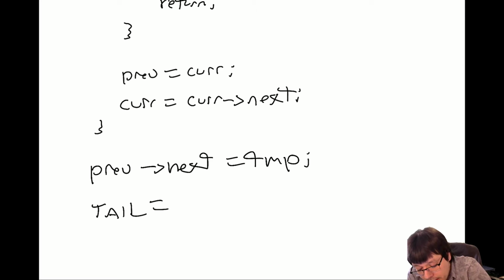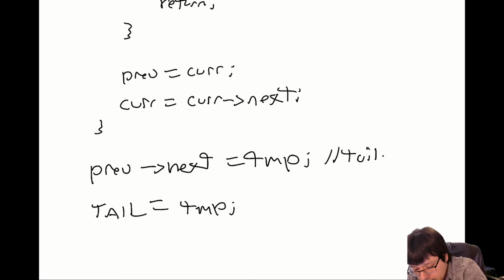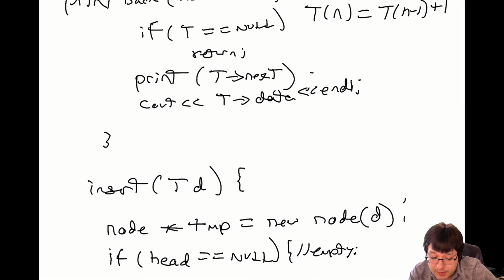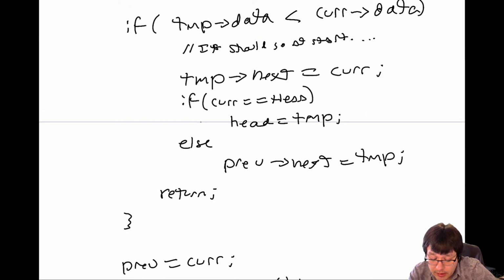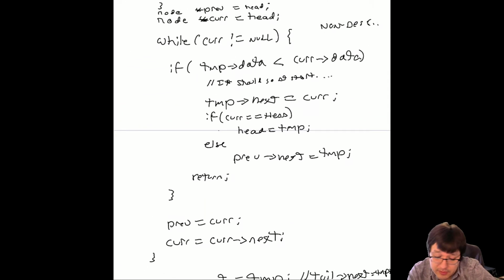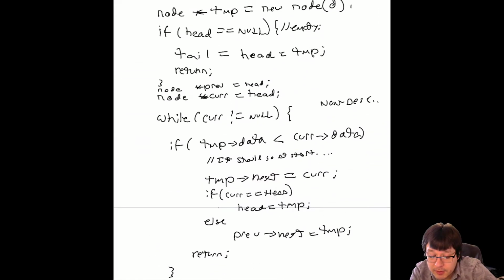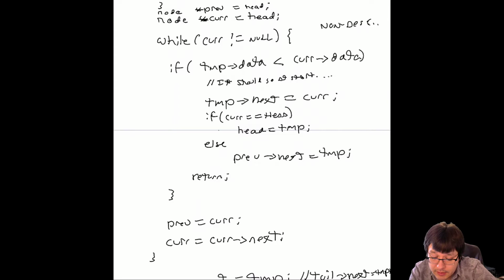And by the way, technically speaking, instead of doing prev next, I could have done tail next gets temp. That would have worked the exact same way because I have a tail. But that's pretty much your insert function. I don't think I have a bug, but it's possible. If I did, probably a typo or something. But this is pretty much the heart of how you would do this.